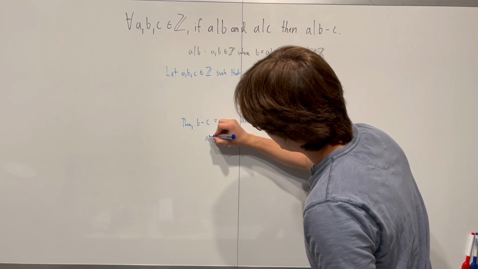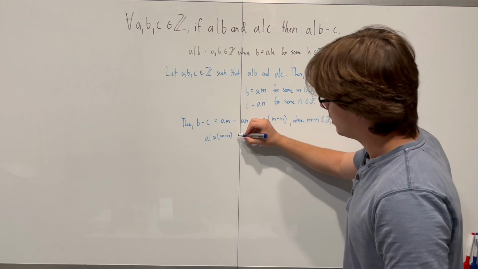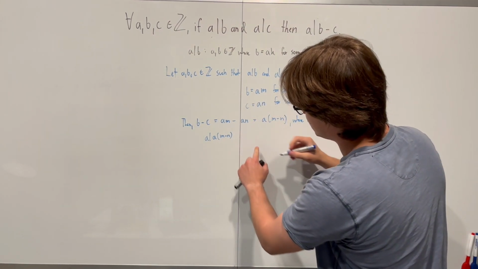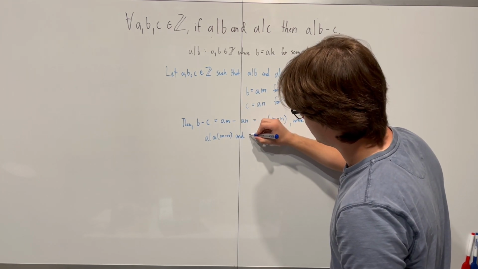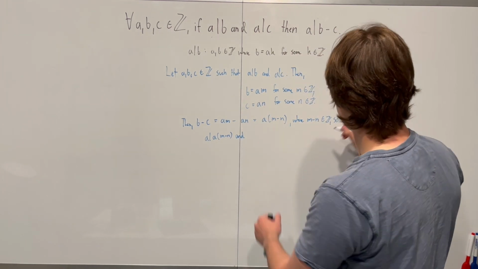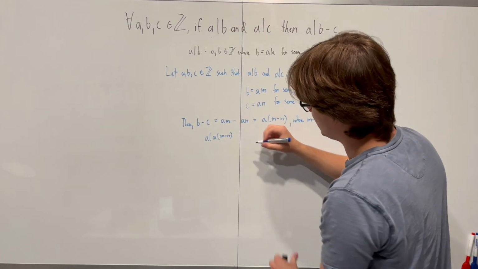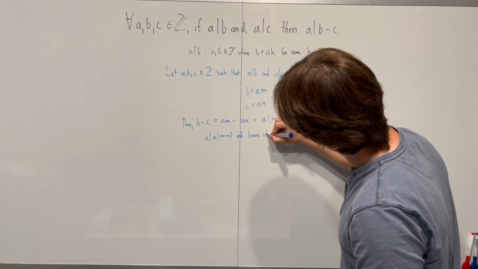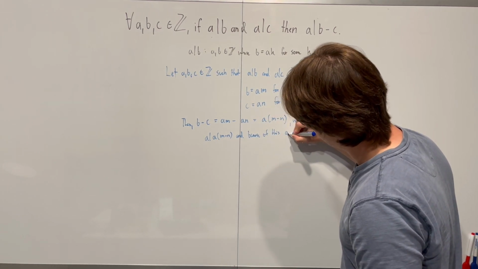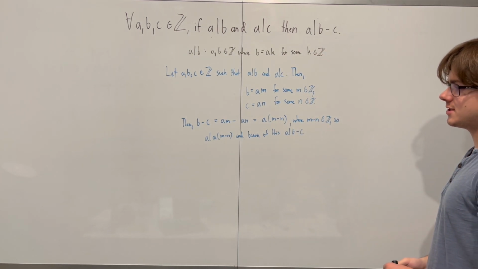So a does divide a times m minus n, and because of this, a does in fact divide b minus c. So there we go, we've proven the statement.